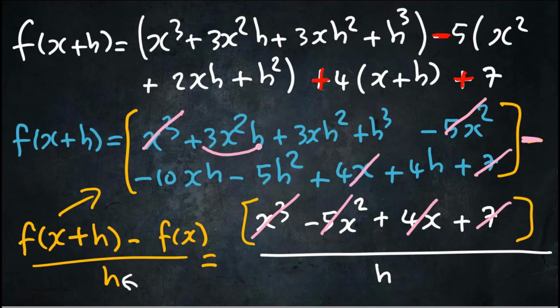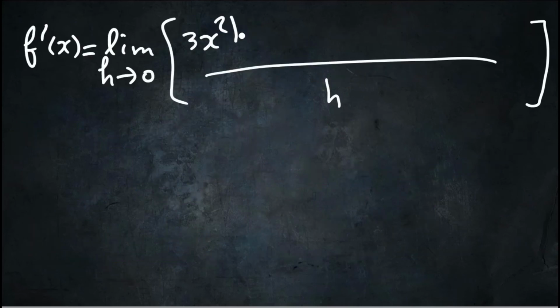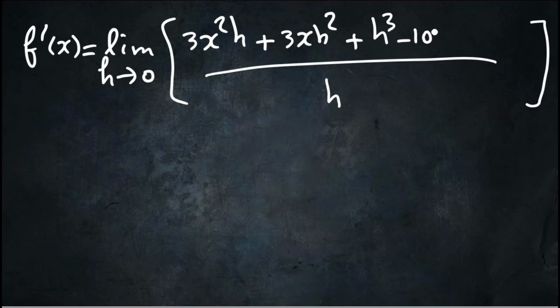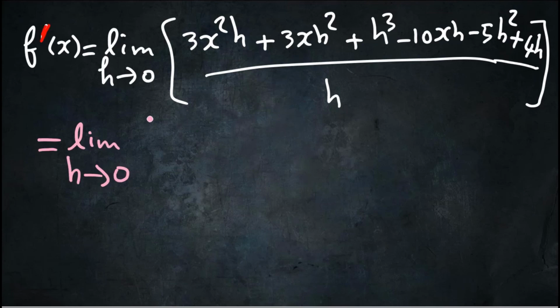And so we're left with this, and this, and this, and this, and this, and this. Okay, let me rewrite this. So f prime of x equals the limit when h approaches 0 of 3x squared h plus 3xh squared plus h cubed minus 10xh minus 5h squared plus 4h over h.